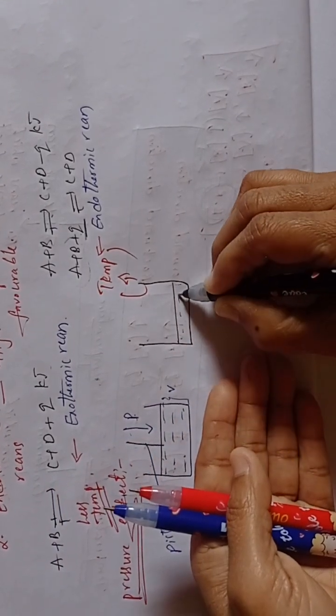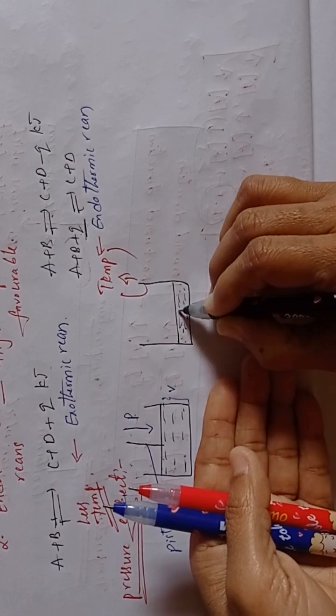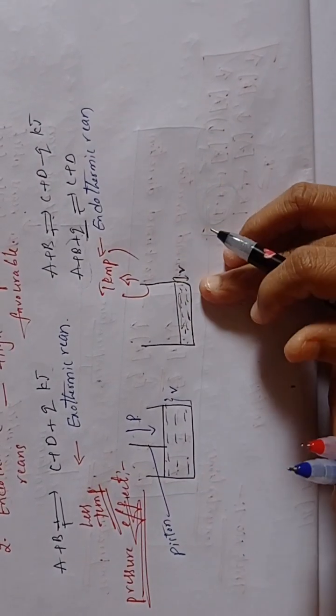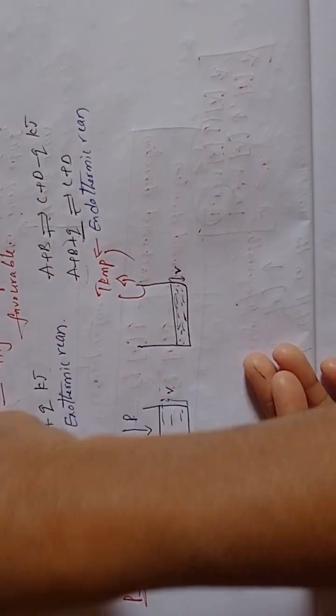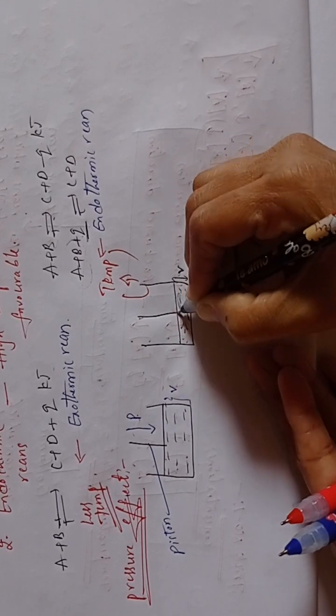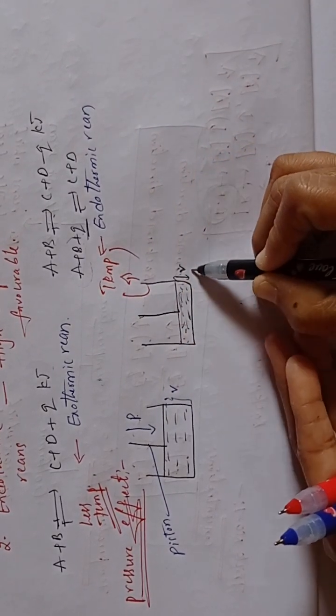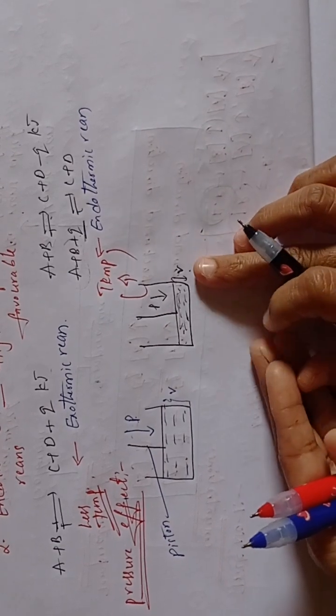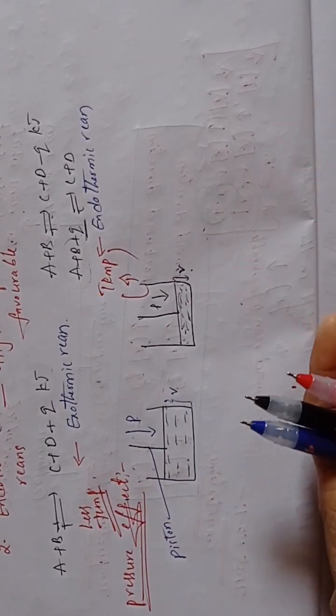That means the volume of the gaseous mixture is like this. Are you following? So pressure increases, what happened? Volume decreases. This is Boyle's law.